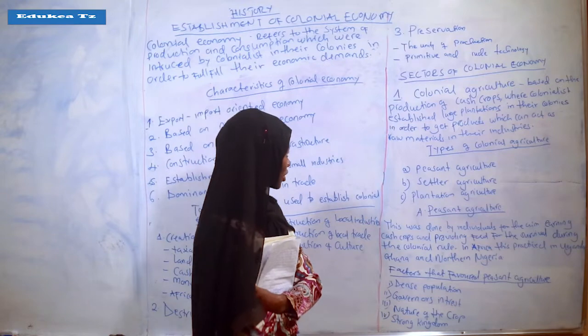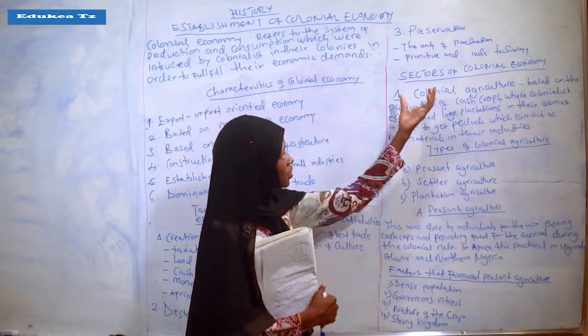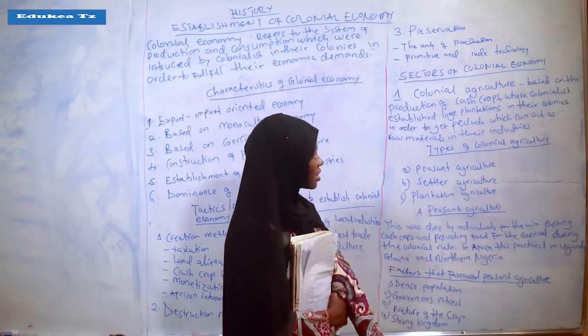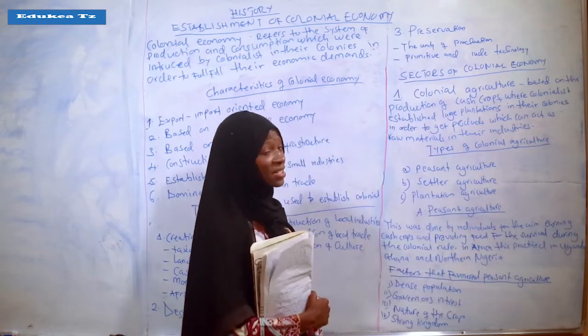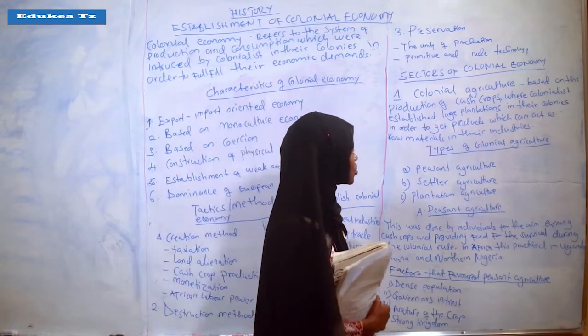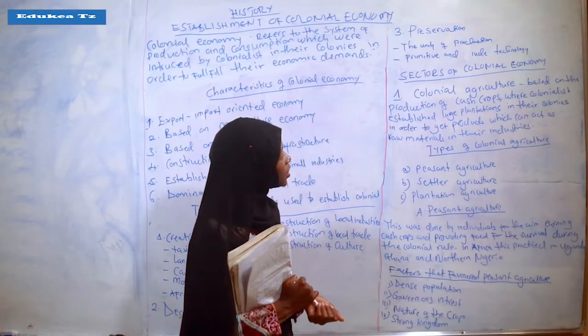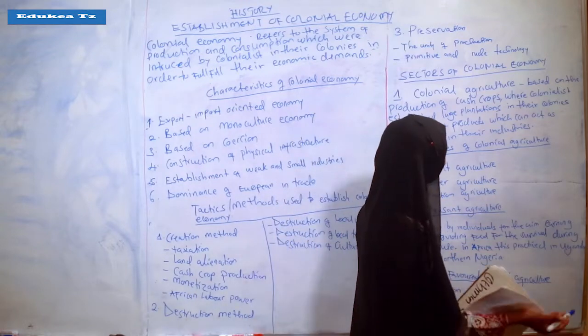After the coming of Europeans, they also preserved the use of the hand hoe in production, especially in peasant agriculture, and also in some plantation agriculture, where they used rude and primitive technology. This includes the hand hoe and panga.